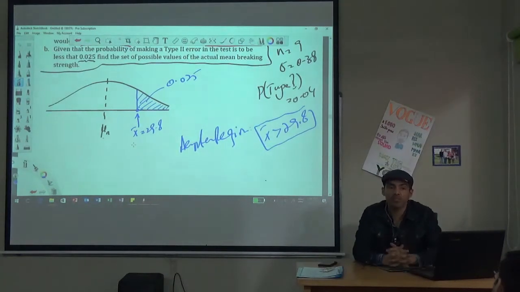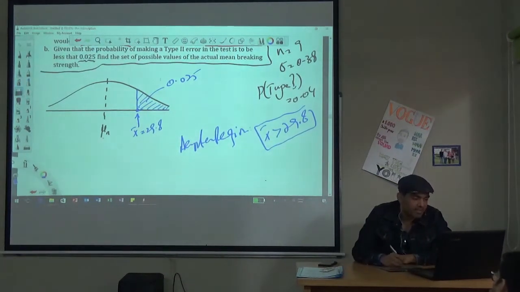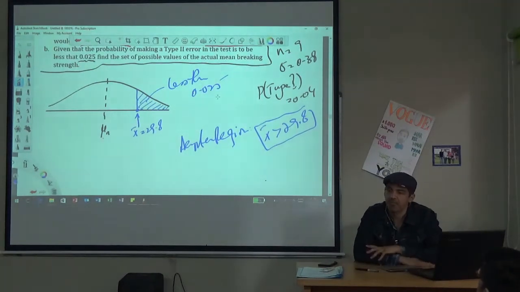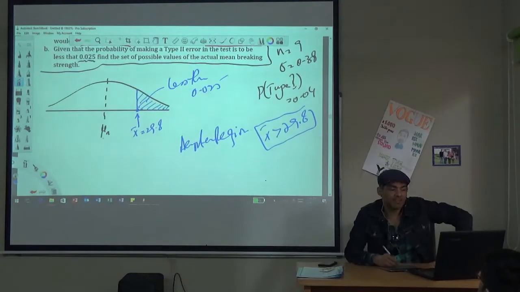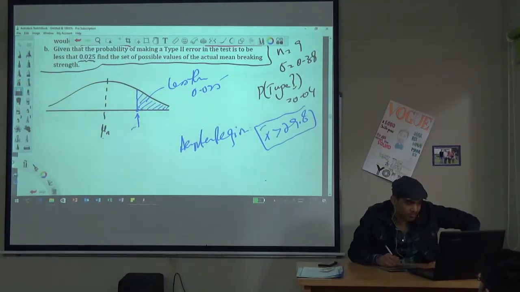But we need to find out the range of the mean value. He's saying that this area is not exactly 0.025. It's less than 0.025. So if this area is less than 0.025, then to be more precise, can I say that this x critical value is greater than 29.8?